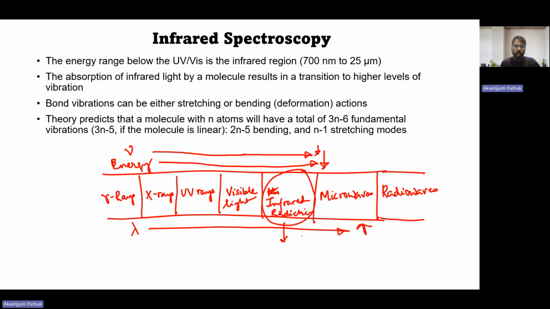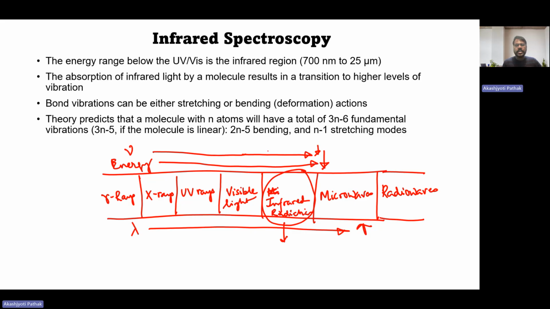The molecular vibrations have an energy equivalent to the energy of infrared radiation. So when infrared rays are used, it results in absorption and molecular vibrations within the molecule, and these molecular vibrations can be utilized for studying the behavior of a molecule.